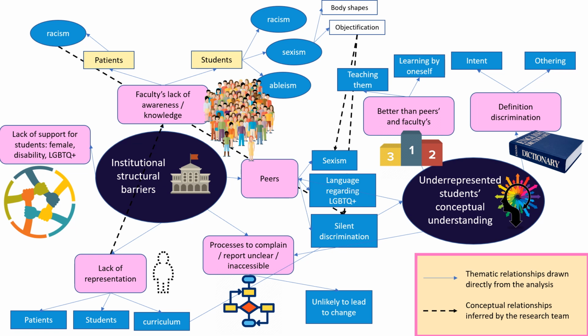Another topic that came up was silent discrimination, when students were not raising their voice when, for example, faculty members were making comments which were racist, sexist, or ableist. By not raising these concerns, they were not supporting the students who were from underrepresented groups.